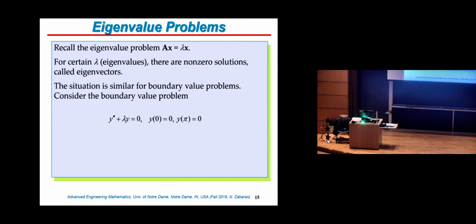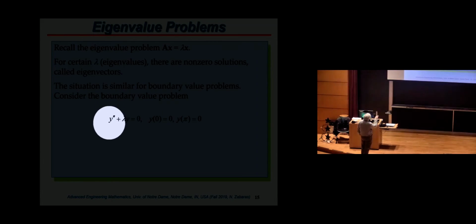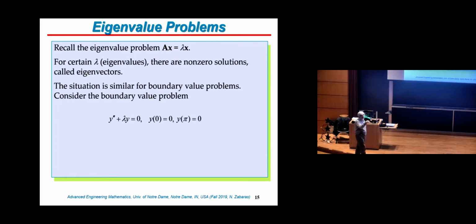So let me now use your imagination, and I'm not sure if you have seen this in your undergraduate studies. You remember both problems that I did, they involved y double prime plus, one problem was plus 2y equal to 0, and the other problem was plus y equal to 0. You remember that? So now how about if I put plus lambda y equal to 0, where lambda is some parameter?